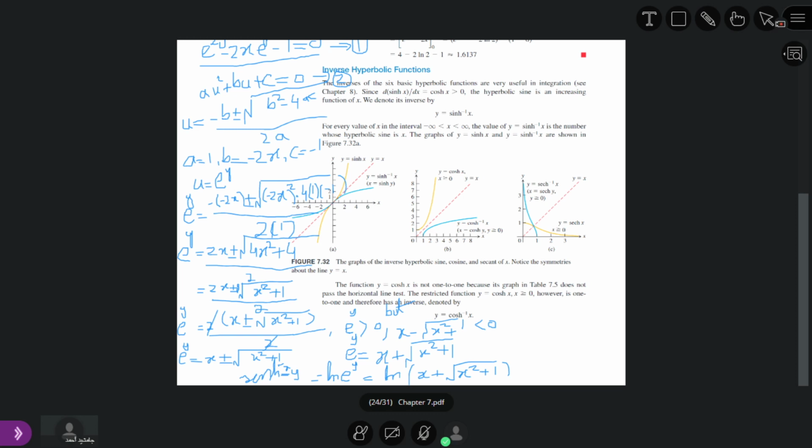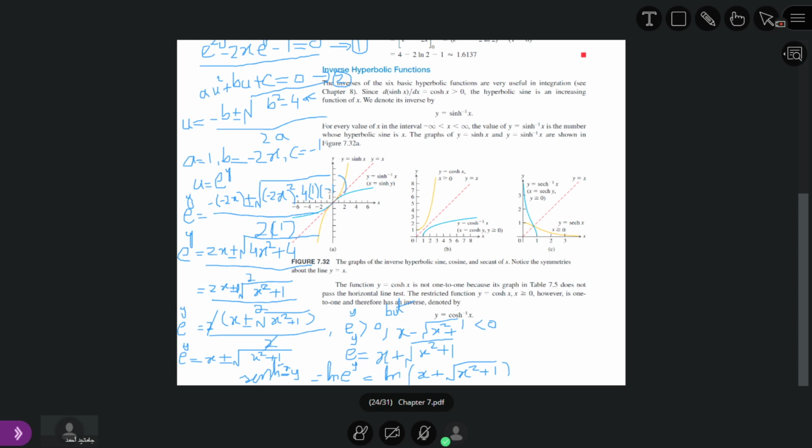As we have here, the equation is e power 2y minus 2x e power y minus 1 is equal to 0. So our solution must be in terms of e power y. So we put u equal to e power y, equal to minus b.